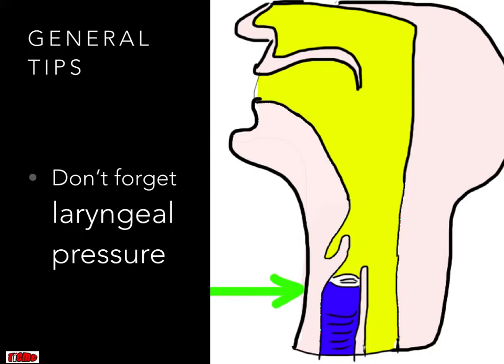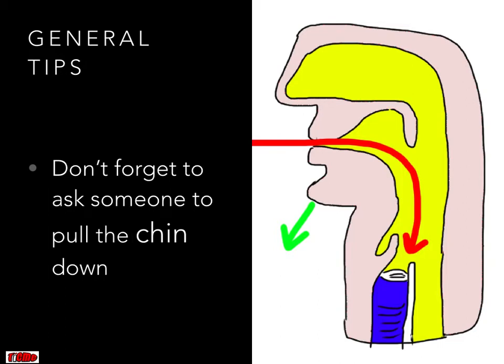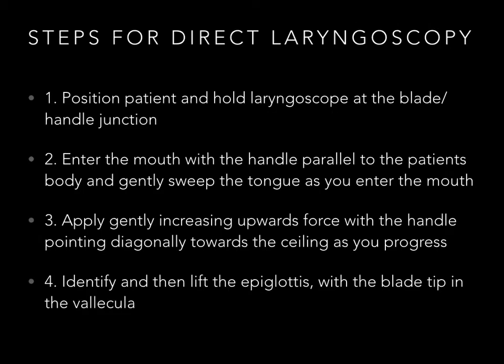Remember that one of the advantages with the video scopes is the manipulator can look at the screen and adjust what they're doing to improve the view. Remember, don't forget to ask someone to pull that chin down and open up the mouth when you start to help you get the blade in, but also to increase your angles for making that field of view as wide as possible.